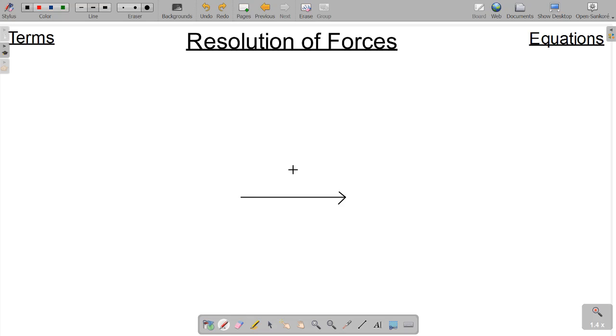The thing you need about resolution of forces is that when you have a vector, you can do the opposite of vector addition, like split it into two forces, like this, or like this. You can even split it into more forces if you want.